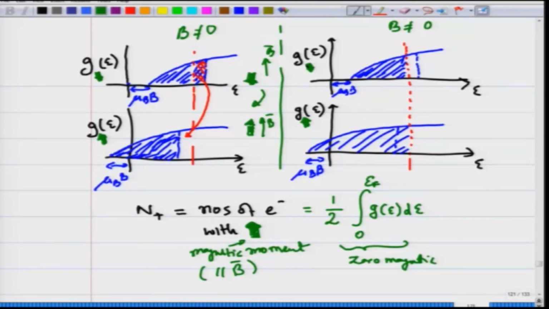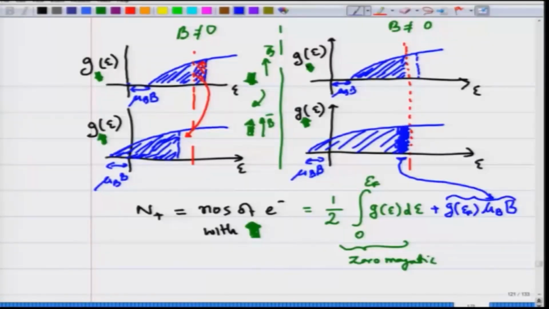With respect to this is the extra set of electrons, and since only those electrons which are near the Fermi surface are contributing to this excitation, I will write this additional term as whatever is the extra.